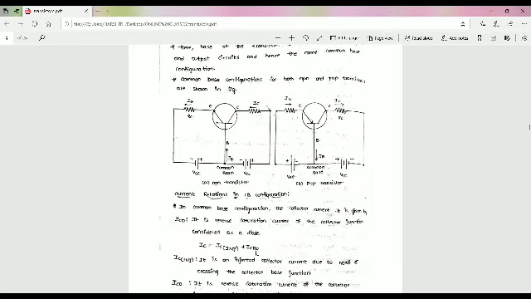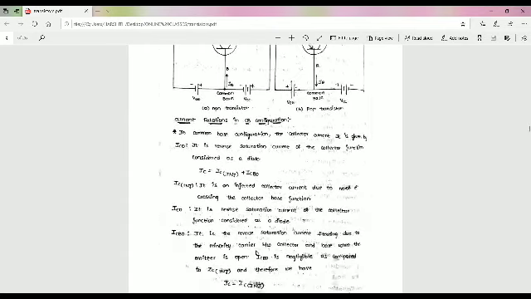ICBO is negligible as compared to IC injected, and therefore we have IC equal to IC injected. However, when the emitter is open, IC equal to ICBO.